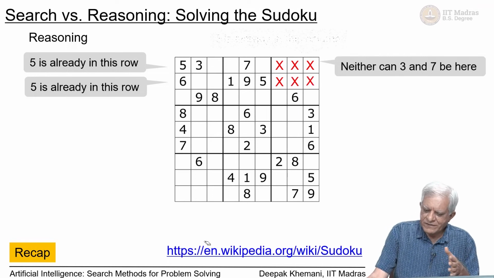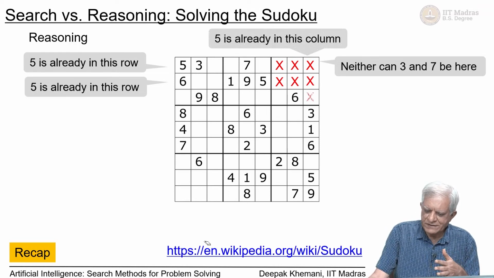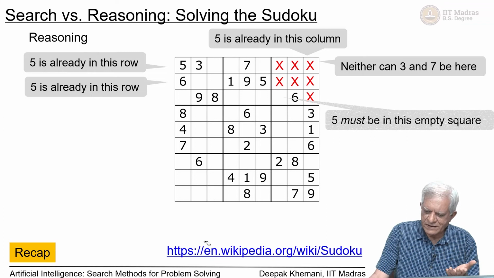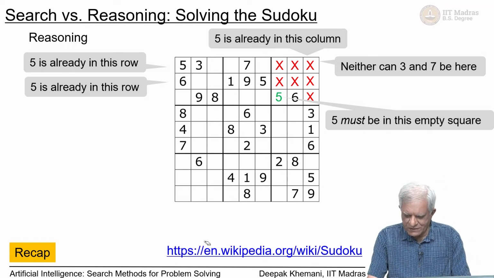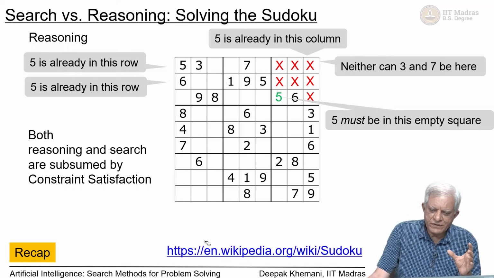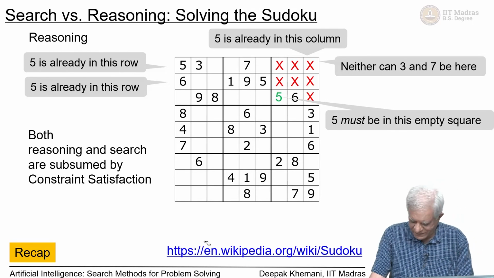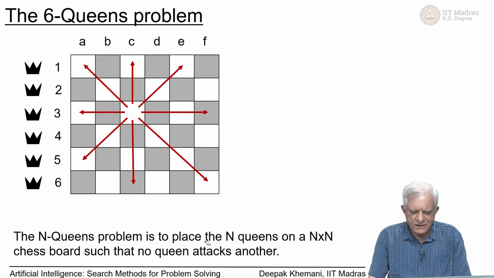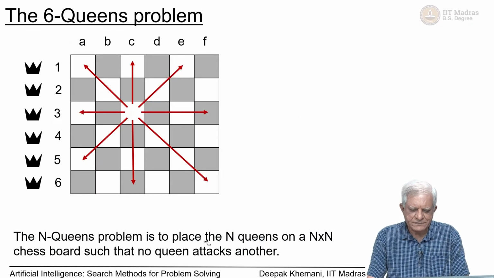Neither can 3 and 7 be in these 3 locations, because 3 and 7 also they are in row 1. So, we did this reasoning earlier, that we figured out that 5 can only be in this square which is shown, and this is the kind of reasoning that you can do. So, what we are trying to show is that both reasoning and search can be subsumed by constraint satisfaction, and we will see this as we go along essentially.